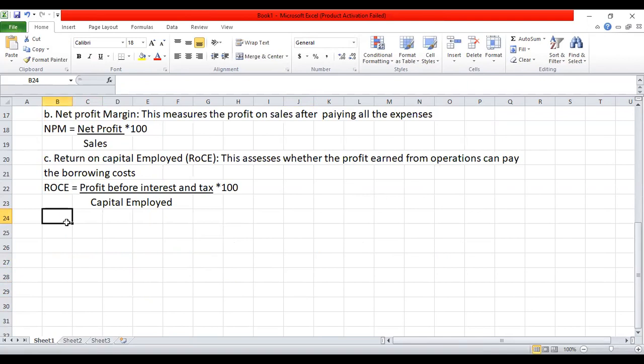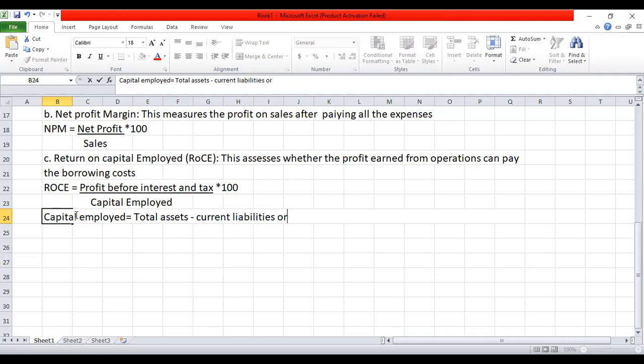And to get capital employed is equal to total assets minus the current liabilities, or total equity plus non-current liability.